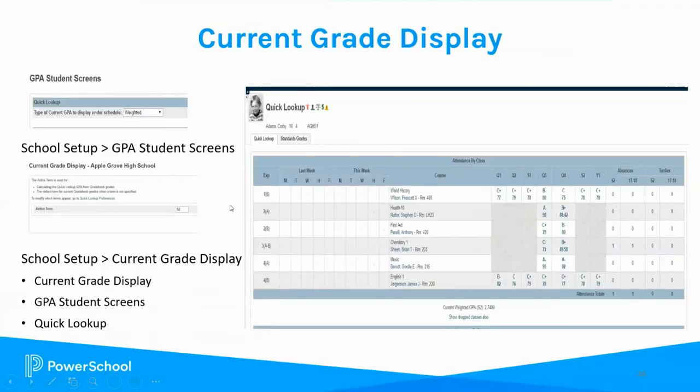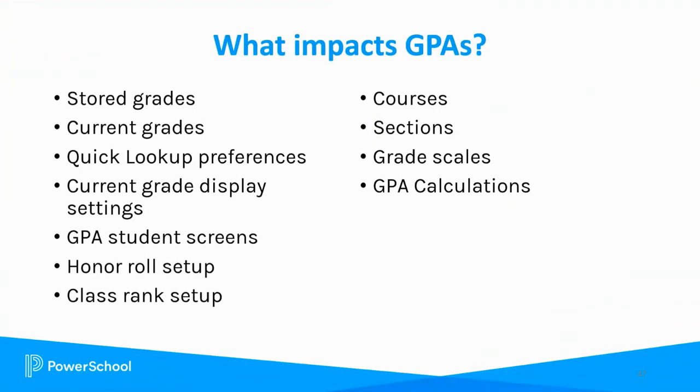Next thing we have on here, we already talked about current grade display and the quick lookup, how you change what GPA shows there and what the current grade display is. So, depending on your setup, what can change the GPA? Well, if you store more grades, if you change what your current grade is, if the student's grades change in the grade book, the quick lookup preferences, I'll go over that here in a second.